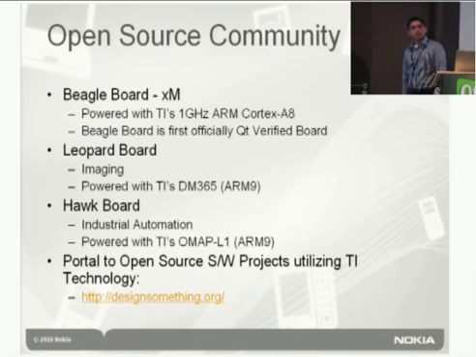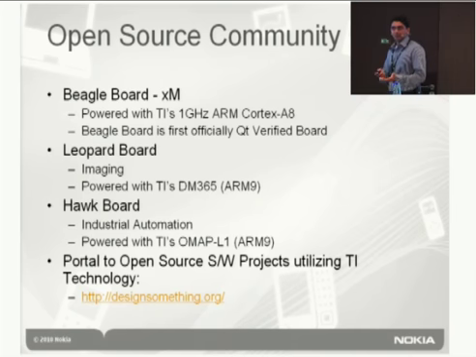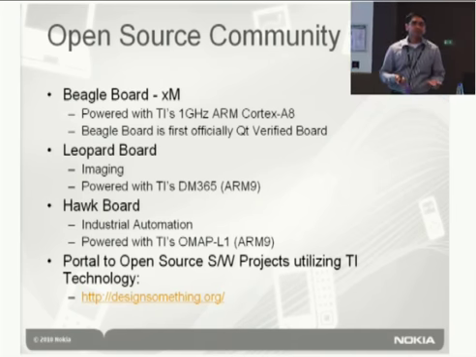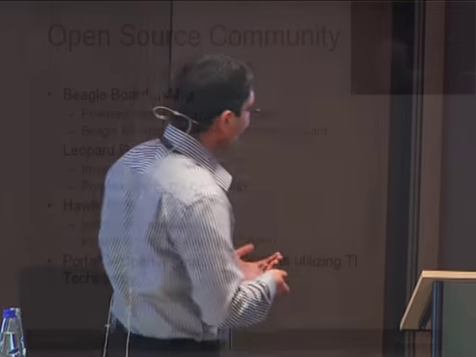Now, TI's open source presence. How many of you are aware of BeagleBoard? Not many, actually. Surprising. BeagleBoard is one of the community boards based on TI's 1 gigahertz Cortex-A8 processor, and it is quite famous in open source. I can even say that it is one of the standard platforms for Cortex-A8.